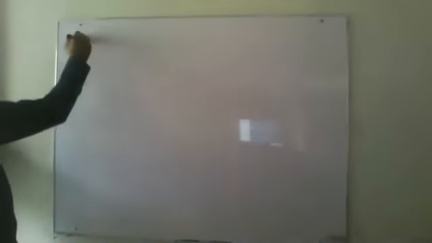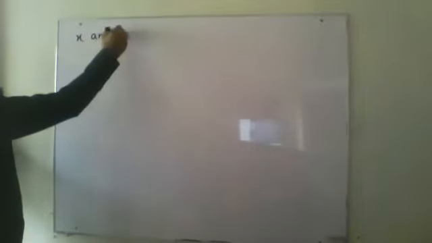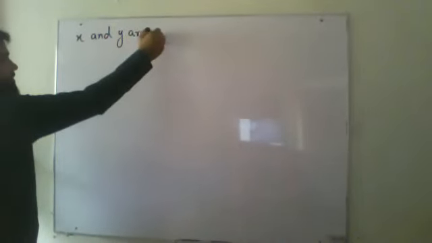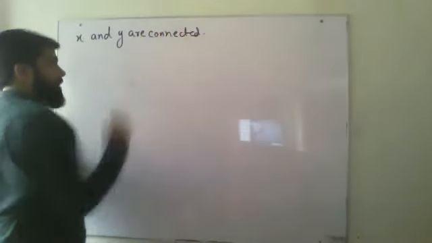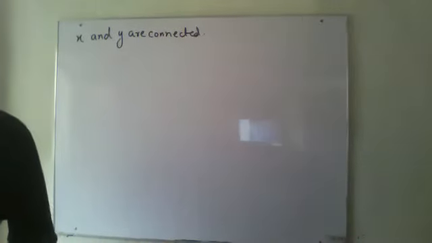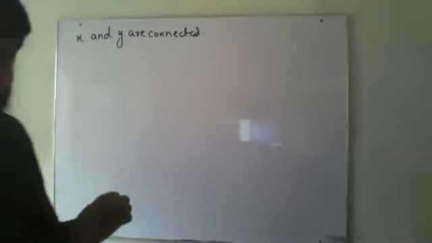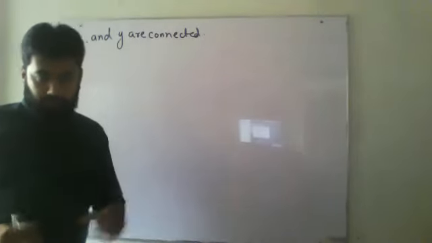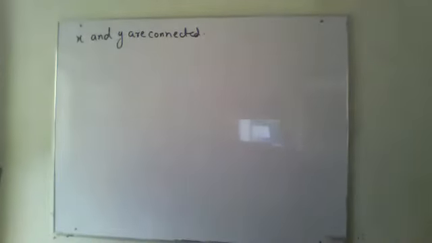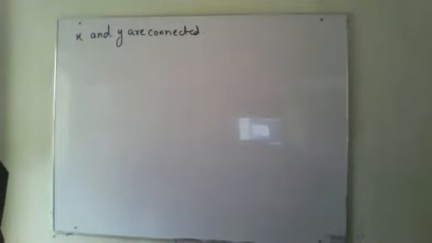In this question, they are telling us that x and y are connected. Okay, they have given us x and y are connected. It means that y is in terms of x or x will be in terms of y. This is the thing which they are telling us over here.